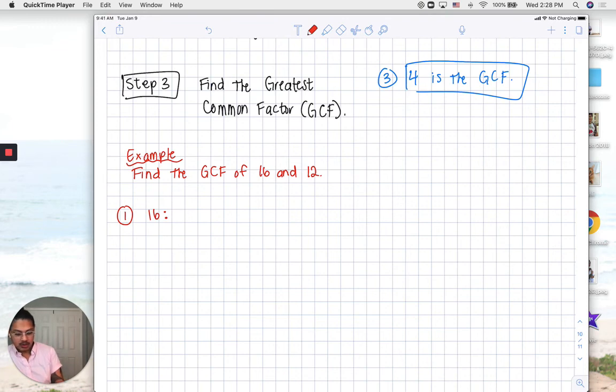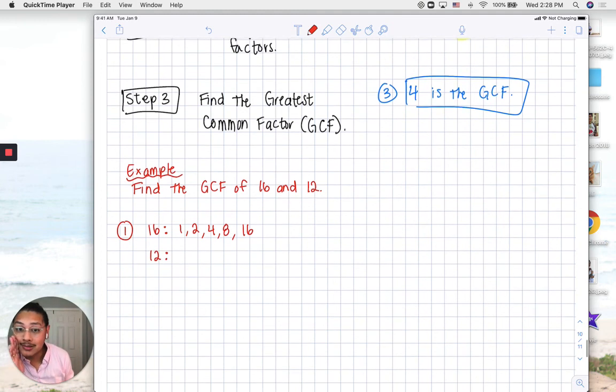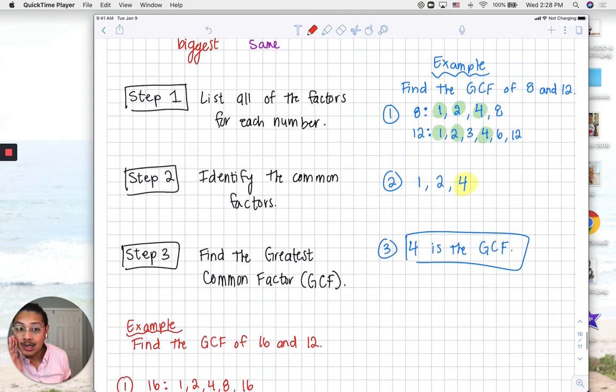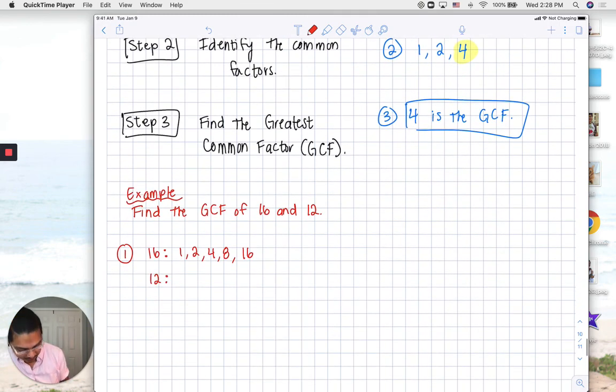I know that 1 goes in there, 2 goes into 16, 3 does not, 4 goes into 16, 5 does not, 6 does not, 7 does not, 8 goes into 16, and then 9, 10, 11, 12 don't, 13, 14, 15. Oh, I think we're finished at 16. So 1, 2, 4, 8, and 16. Let's find the factors of 12, which we already wrote down up here: 1, 2, 3, 4, 6, 12.